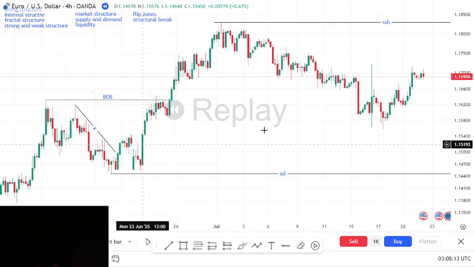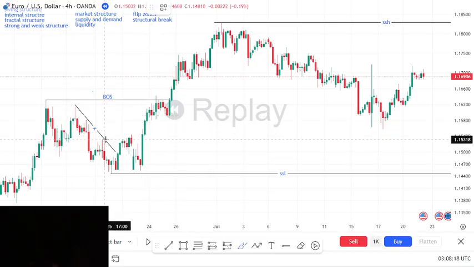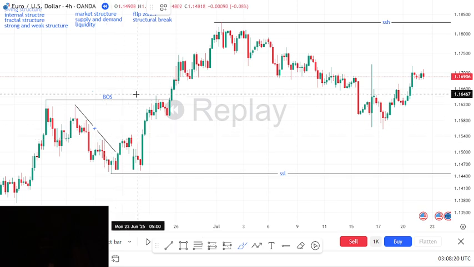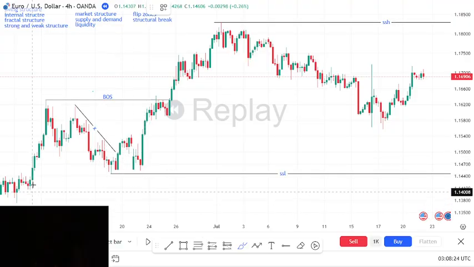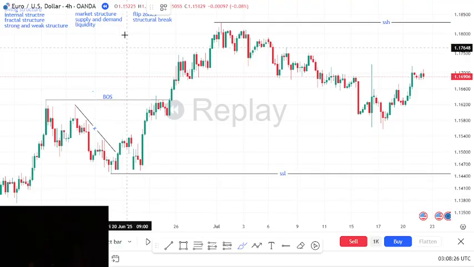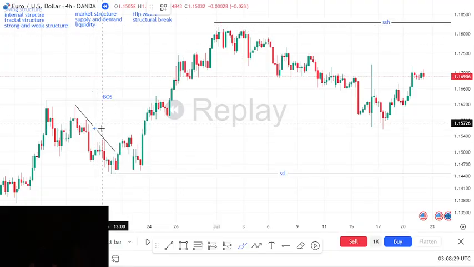So I will use this market structure to continue. When we break any structure, we expect a pullback, but the reason that we expect that pullback is why I'm going back using demand and everything, but I'm not really at demand yet.